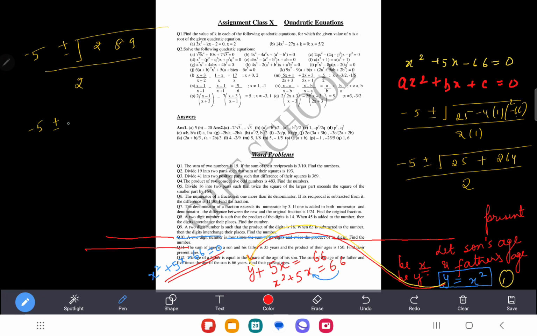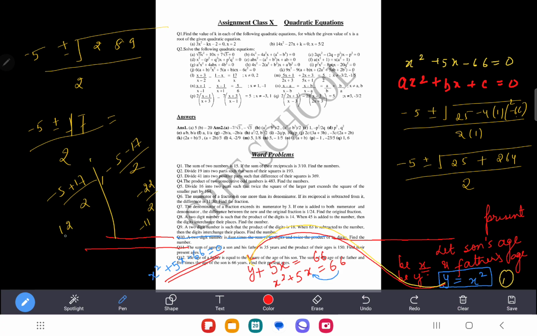So minus 5 plus minus 17 over 2. That shall become minus 5 plus 17 over 2 and minus 5 minus 17 over 2. So minus 22 over 2 shall become minus 11, and 12 over 2 shall become 6, isn't it?